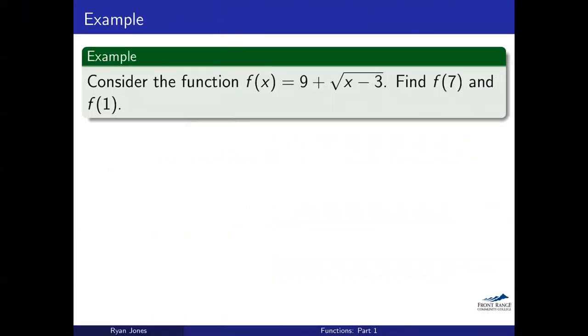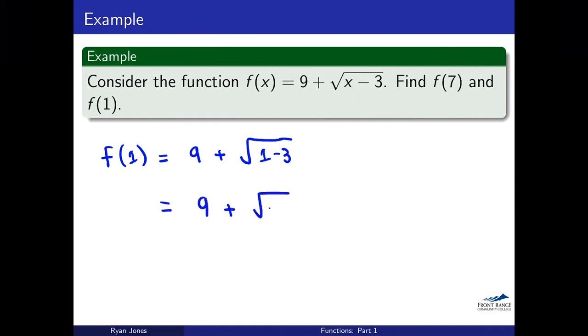And so if we have f of 1 here, if you're looking ahead, you might realize what's about to happen, and it's not good. I'm not going to bother writing the ones in red. We should know by now that I'm just plugging in 1 for x. 9 plus square root of 1 minus 3, that's going to be negative 2. And at this point, things are bad.